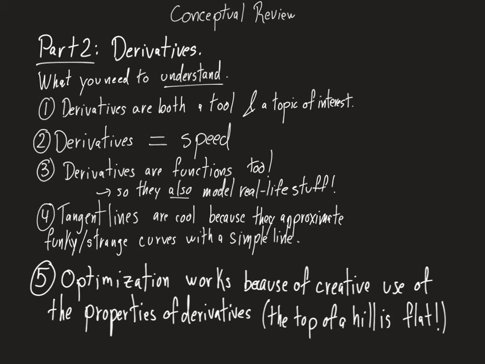But what they mean is just speed. That's all they mean. But it turns out there's so much that we can do just with the simple idea of being able to find the speed of a function. Just by being able to do that, there are so many cool applications and so many additional tricks and techniques that we can use to get as much information about our functions as we possibly can.